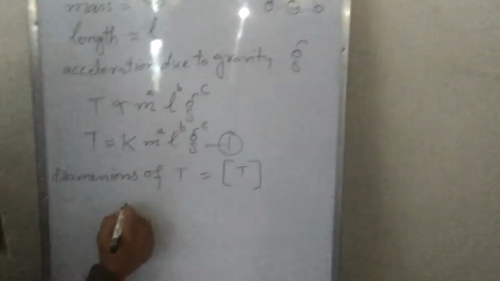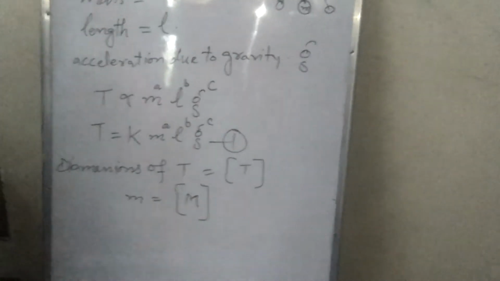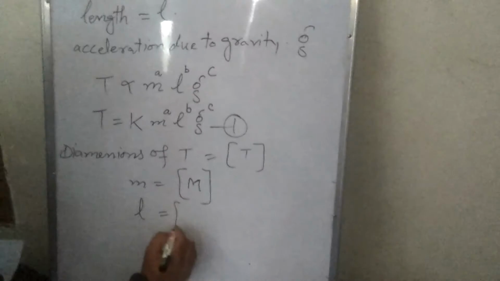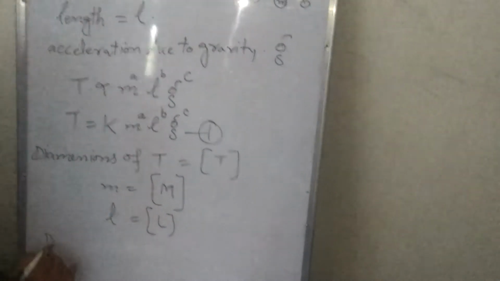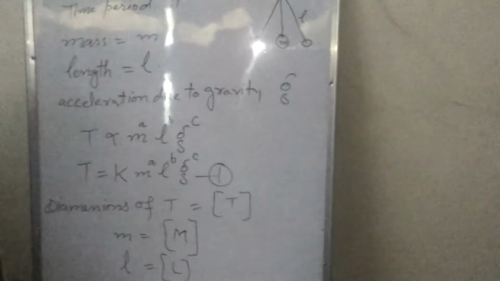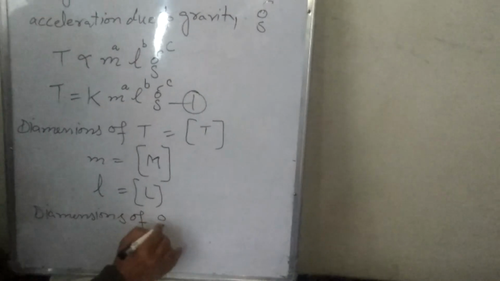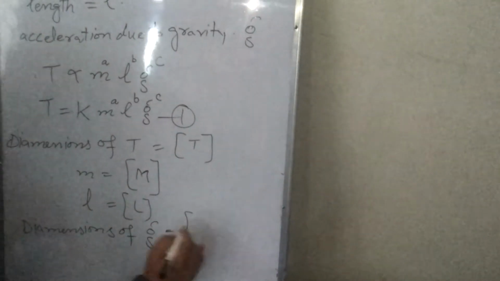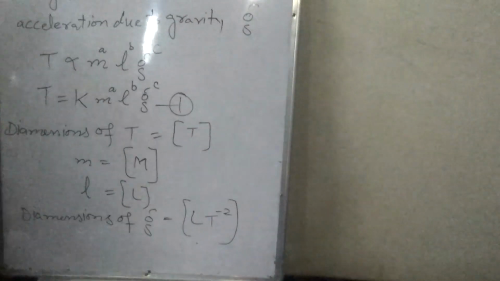Dimensions of mass we denote by capital M, and dimensions of length simply by L. Dimensions of g: g is acceleration due to gravity. What are the dimensions of acceleration? That is L T raised power minus 2.